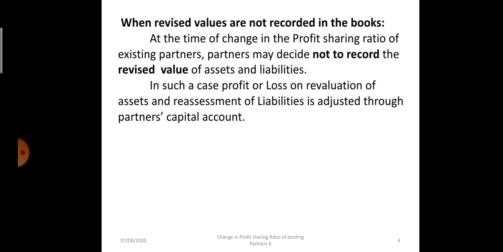In the working note we will prepare a statement calculating the net effect of revaluation of assets and reassessment of liabilities, and that effect's adjustment will be done through the partners' capital account. The following steps are taken.